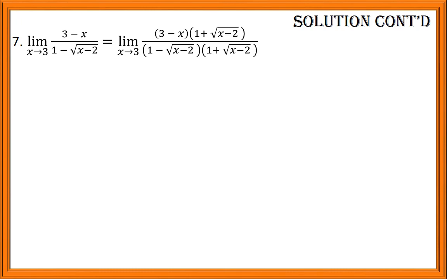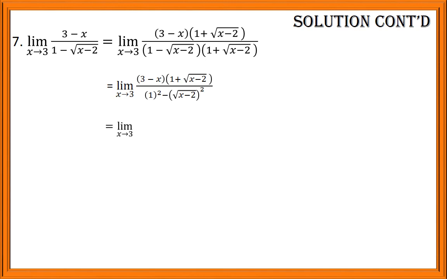That is, we multiply both the numerator and the denominator by the conjugate of the denominator. So when we expand the denominator, we'll have the limit of 3 minus x multiplied by 1 plus square root of x minus 2 all over 1 squared minus square root of x minus 2 squared, applying the difference of two squares, as x approaches positive 3.